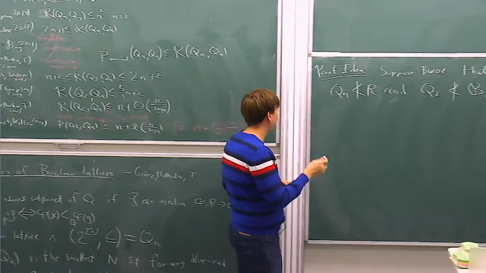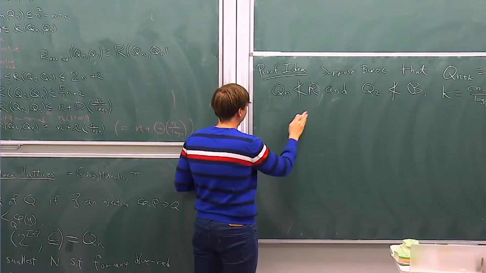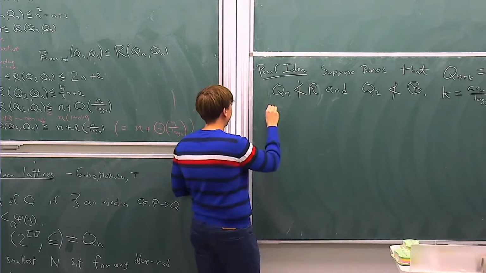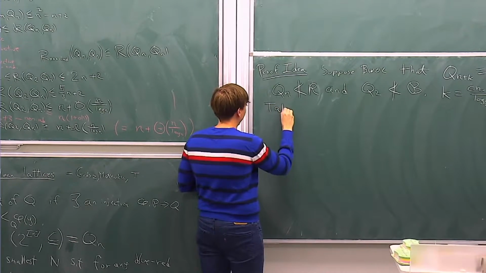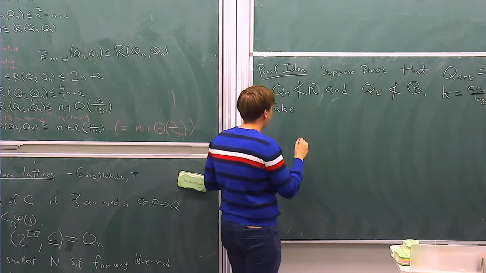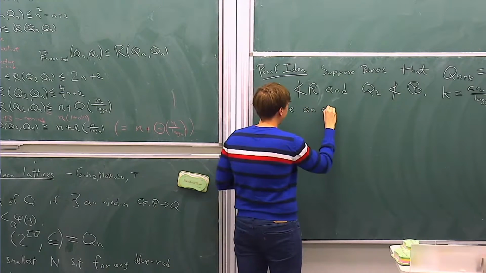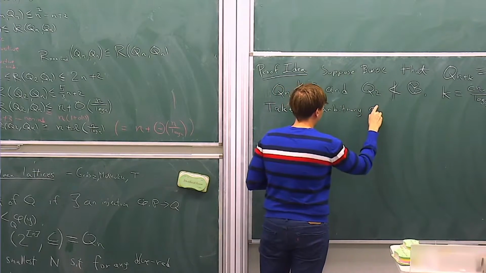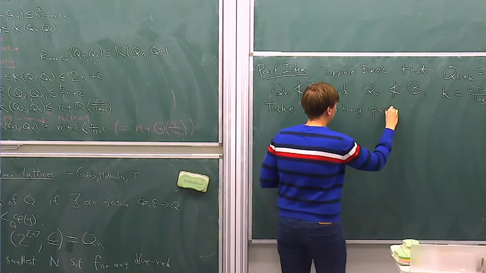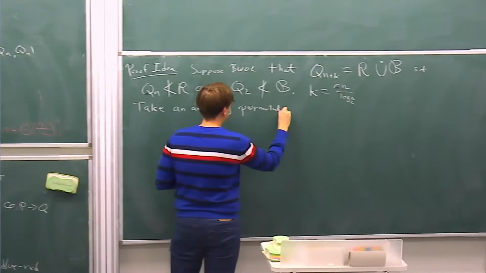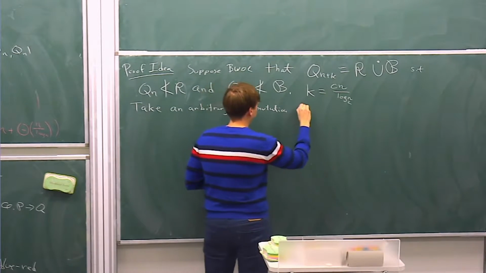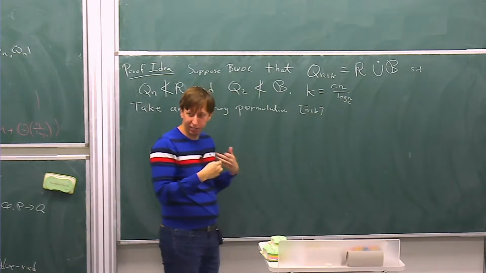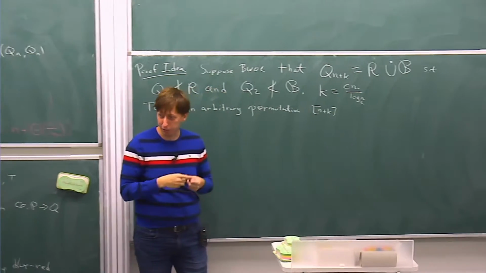So, here's kind of the trick. Start out with an arbitrary permutation of the extra elements beyond the initial Qn that we're trying to embed into.